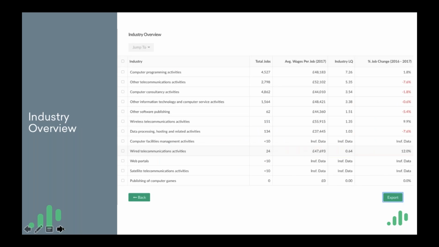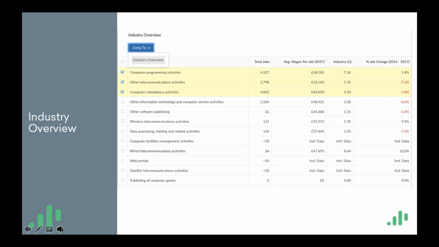What we're going to do here is have a look at the industries that sit within this cluster, and identify the ones that have the majority of jobs, and probably have a deeper dig into those. So you can see here, if we select these top three, we can have a look at those.